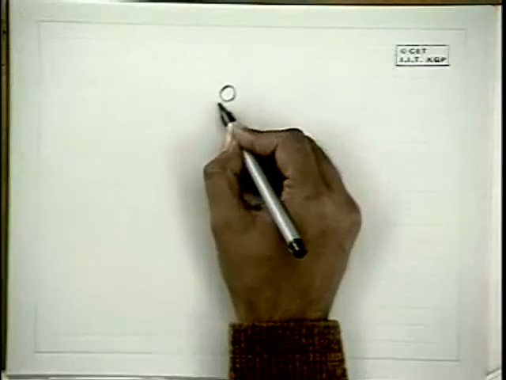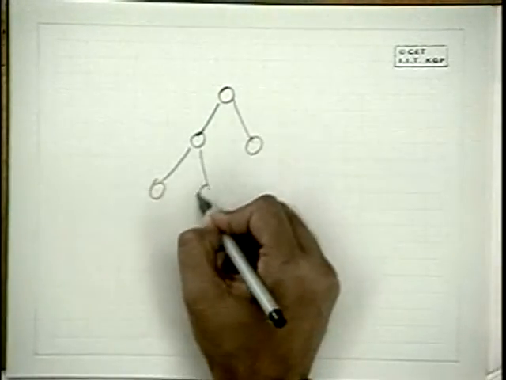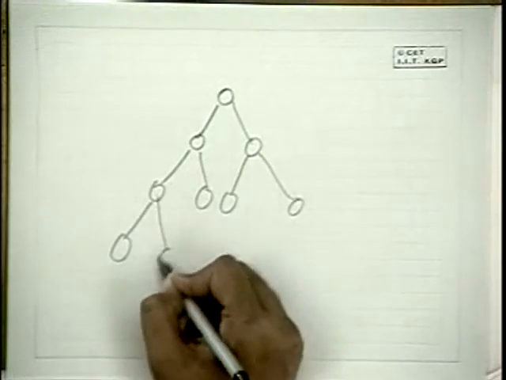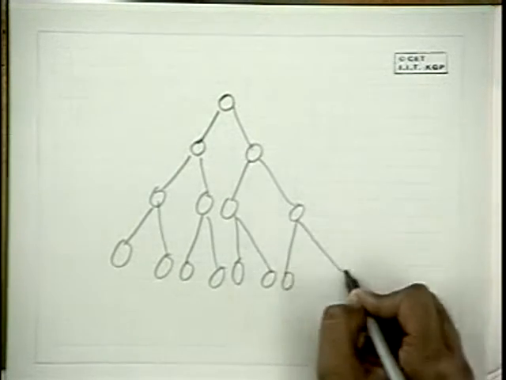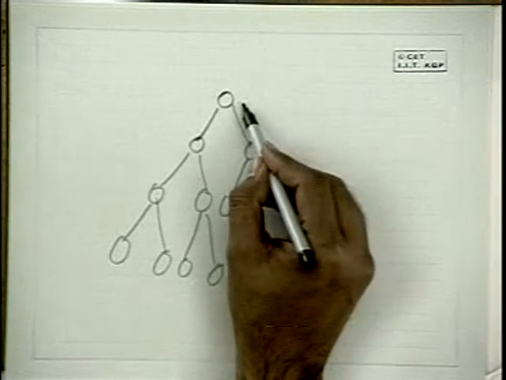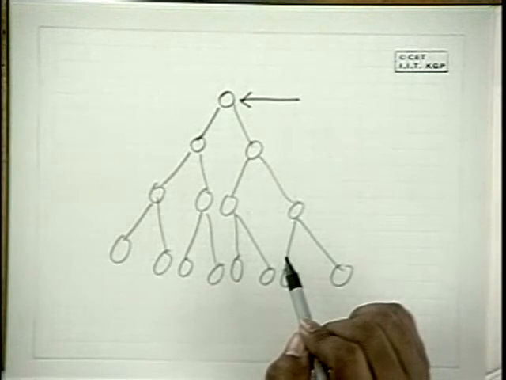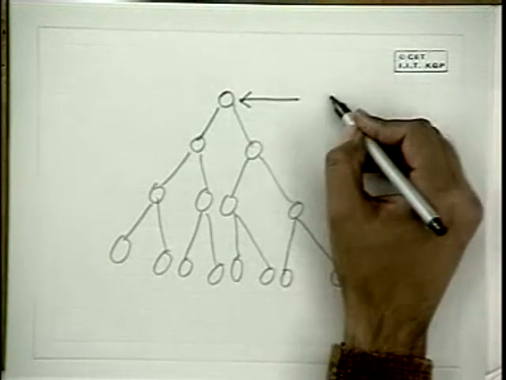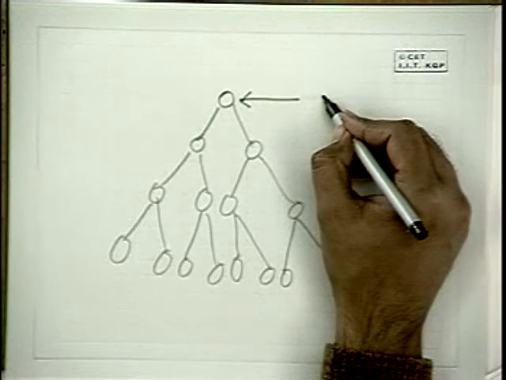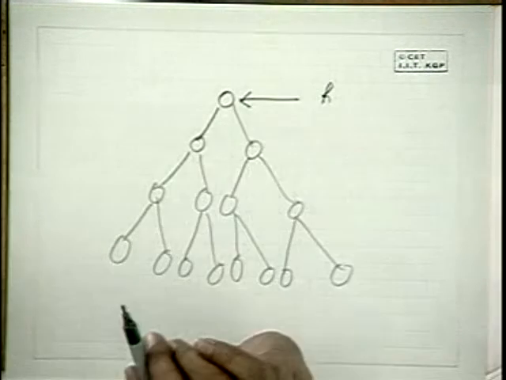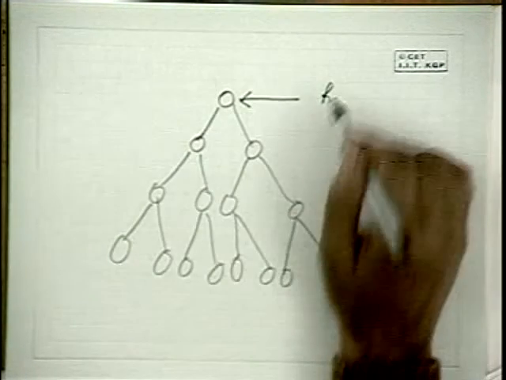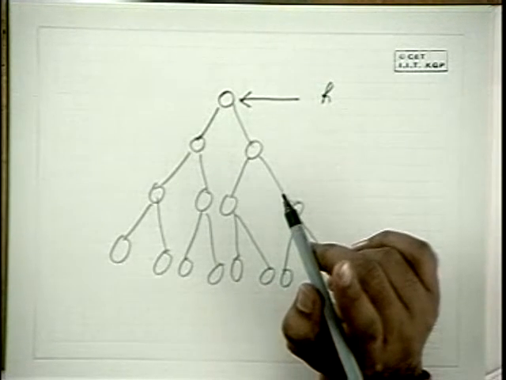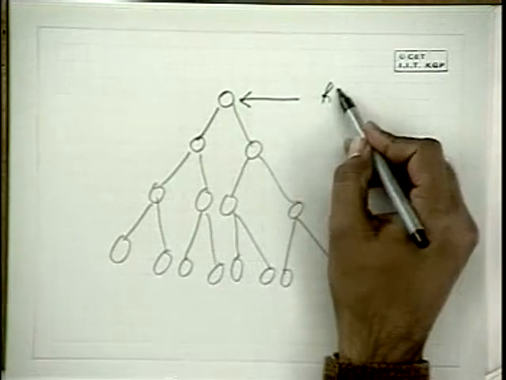Let me have a picture here, a heap. When I was putting this node at the root, the tree height at that time was h, and in the worst case it had to go through all the levels.